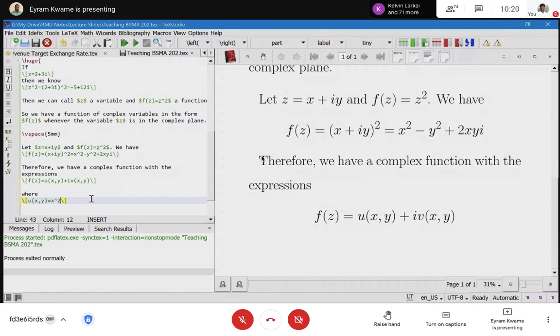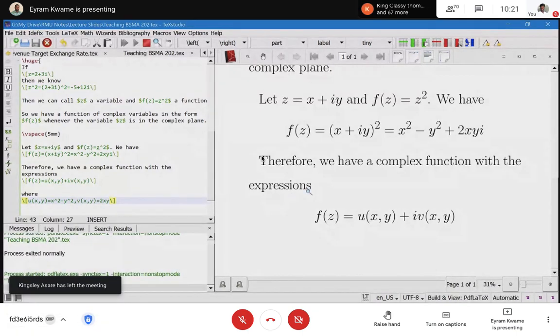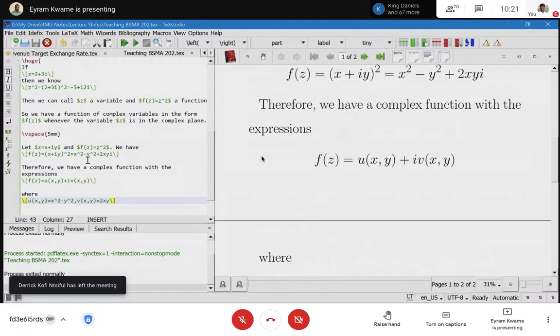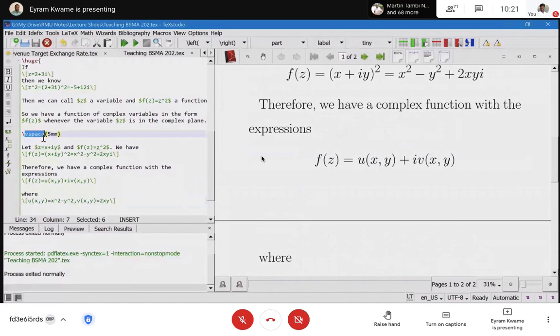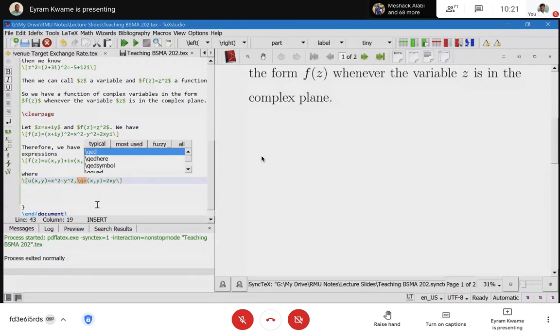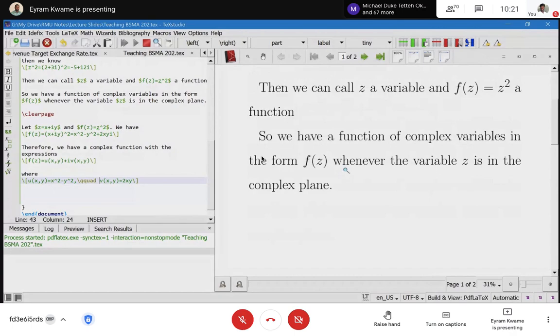And v of x comma y is equal to 2xy. Let me clear this, clear page. Good.